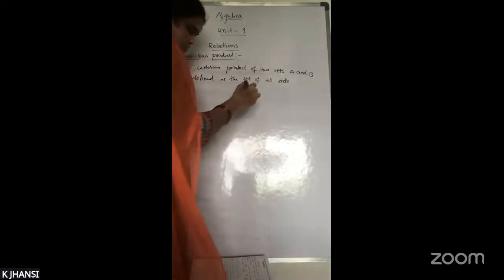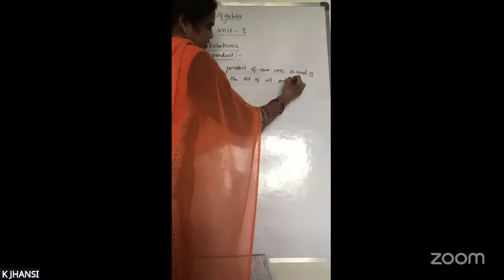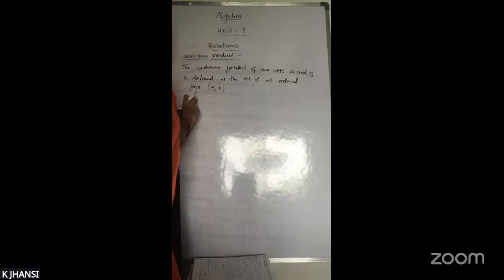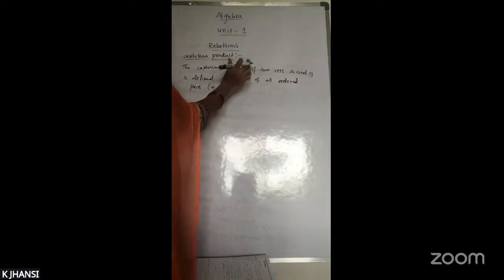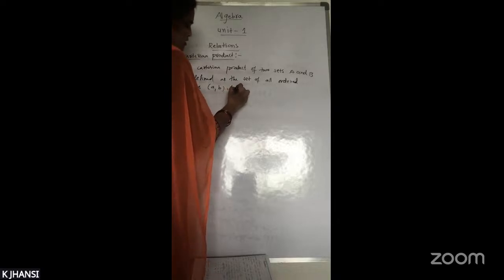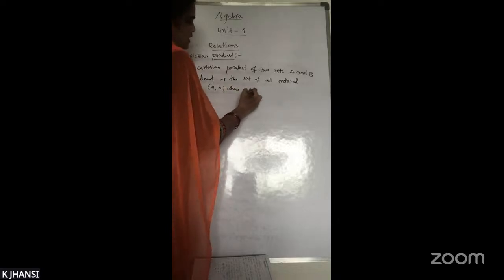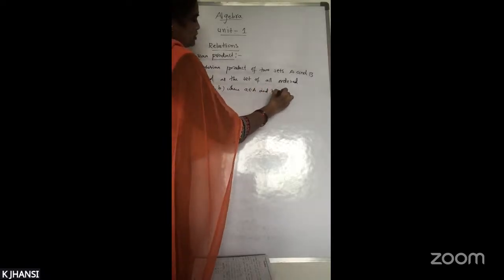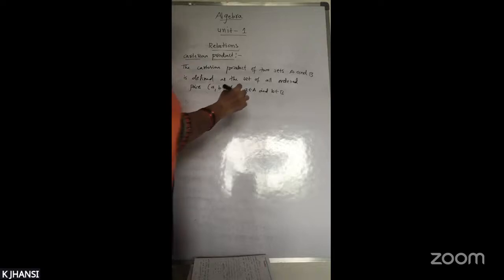You might remember what an ordered pair is. An ordered pair is like this: a comma b. So this will be the x element and this will be the y element. Whenever you write the elements of sets A and B as an ordered pair a comma b, where small a belongs to set A and b belongs to set B, we call it a Cartesian product.